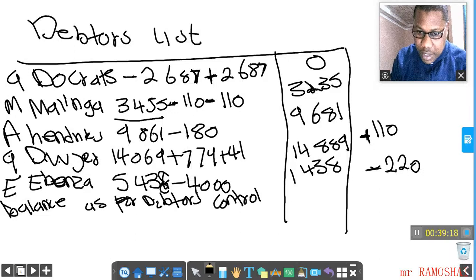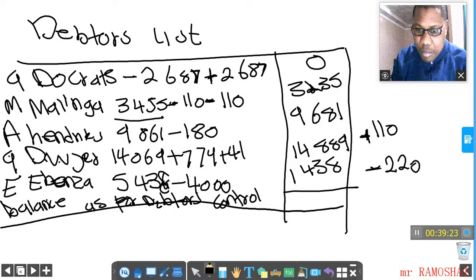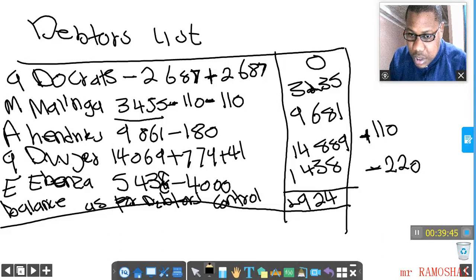Let's add everything down because there is no one that we are writing off or that we owe now. 3,235 plus 9,681 plus 14,889 plus 1,438, right? So the balance here is 29,243.